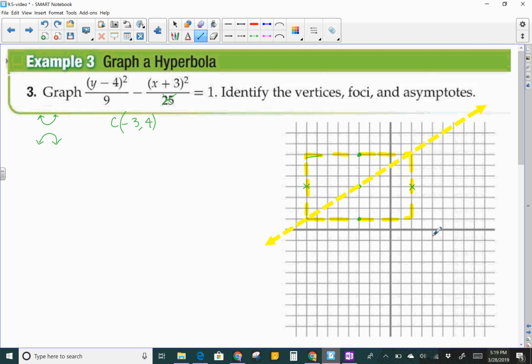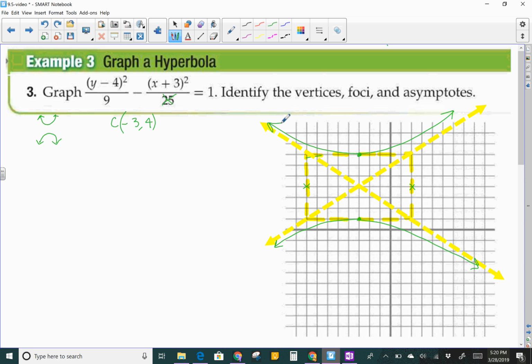So there's one, and here's the other. Pretty good. And now we're going to go back and graph it. Okay, so I know that that's my vertex. I'm going to have that point, and then I'm going to approach the asymptotes. Okay, so there's my graph.